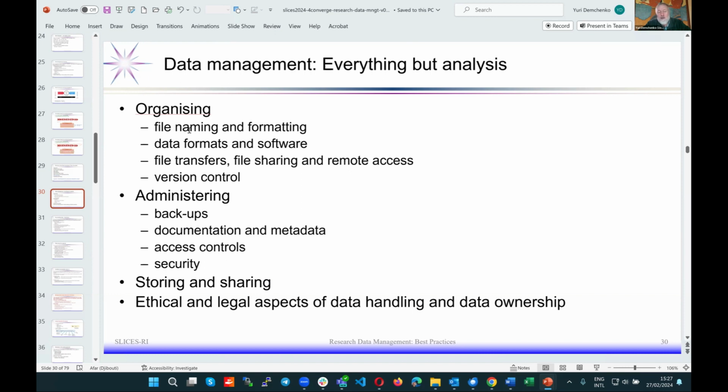We are also doing this in the SLICES project, talking about a machine actionable data management plan. If we have a sufficient understanding of how we can implement this with a tool, maybe I would slightly change this slide, not saying everything is data analysis. I would change this to the specifics during machine learning and artificial intelligence projects.